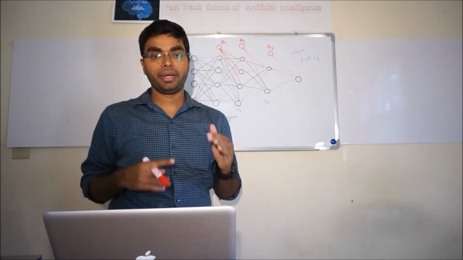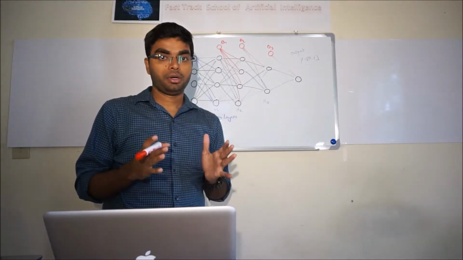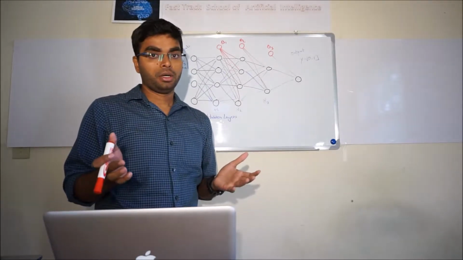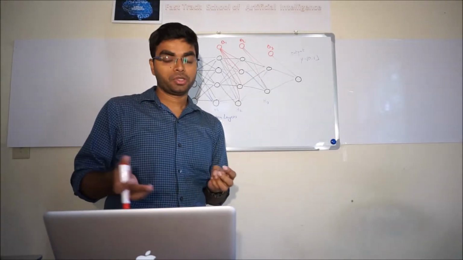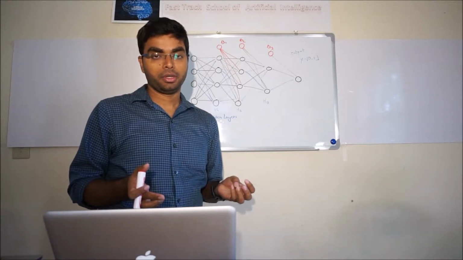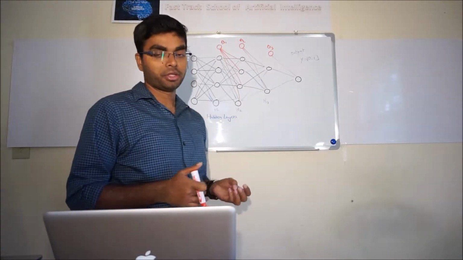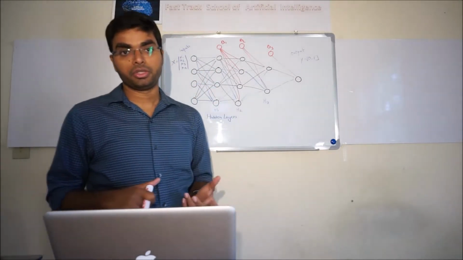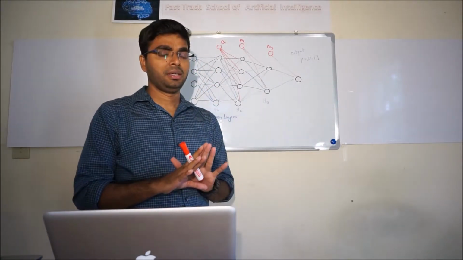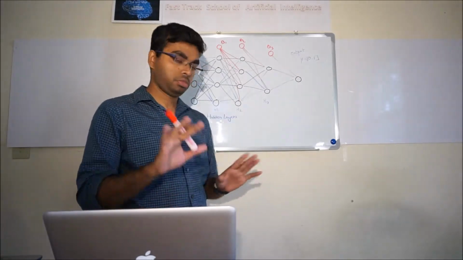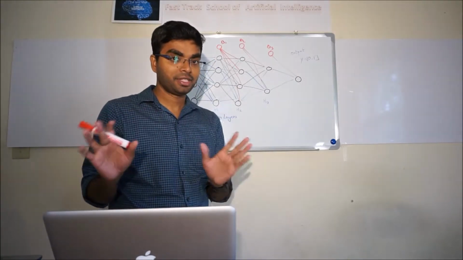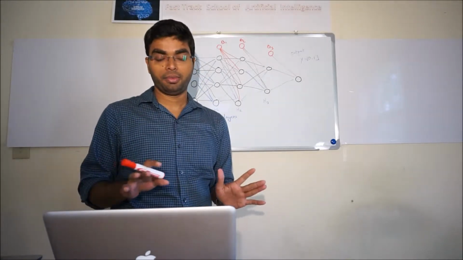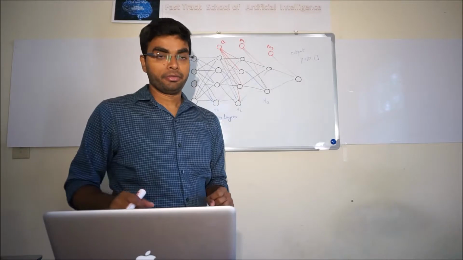We have different mechanisms to calculate the errors, maybe root mean square error, or maybe categorical cross entropy or binary cross entropy, and similar things. Many concepts are there. For now, you can skip those. I promise you will have a complete understanding of them in our later videos.